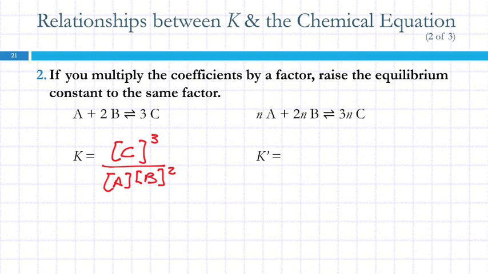And over here, we would have C, but now this is 3 times some factor. So it would be 3n would be the power. Down here, A to the n power and B to the 2n power.